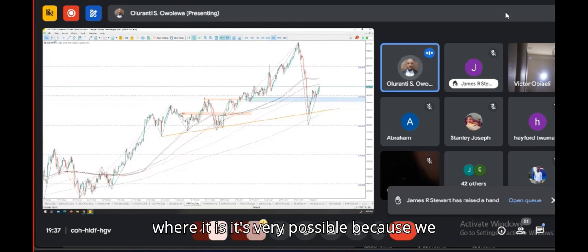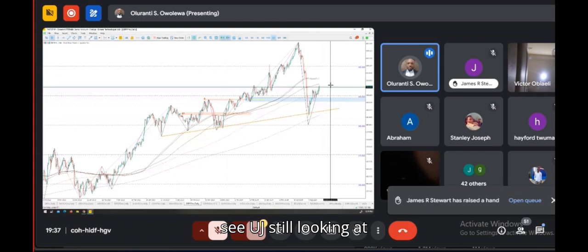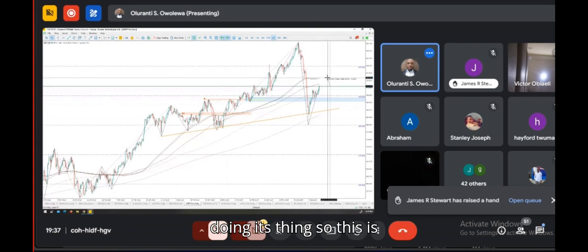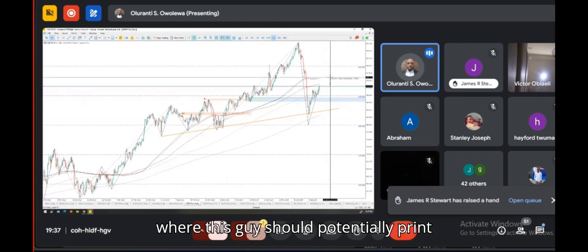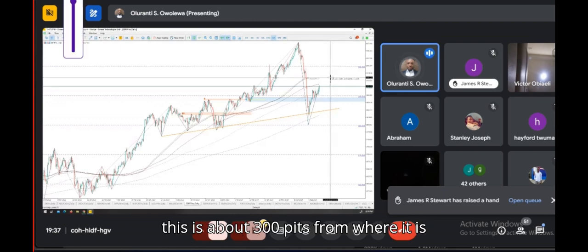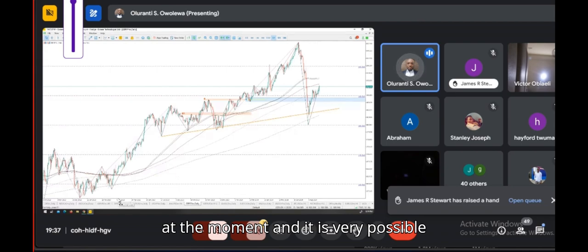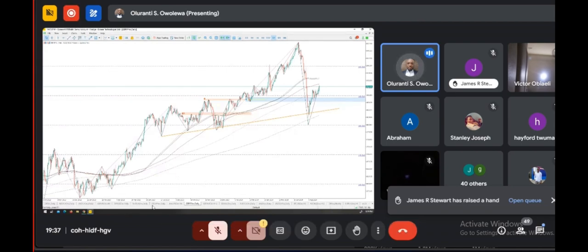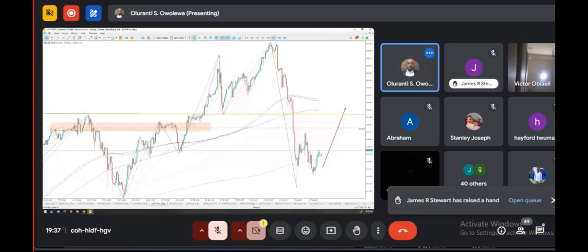It's very possible because we see UJ still looking at doing its thing. So this is where this guy should potentially trade. This is about 300 pips from where it is at the moment, and it is very possible because the NFP may come out very strong, and then this guy may push up.